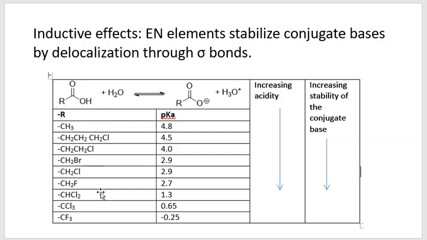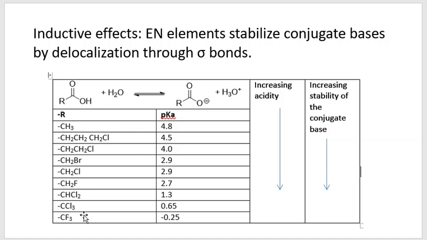And what you can see is that the more electronegative elements you have, for instance, CF3, that's the most acidic substituent on this molecule. It leads to the most acidic carboxylic acid.